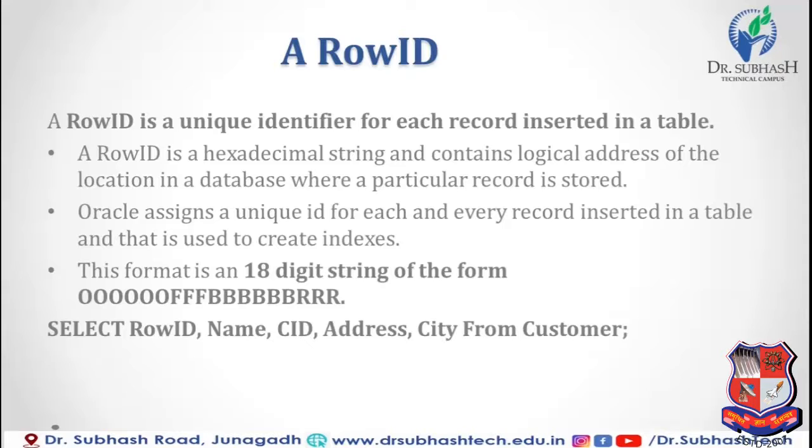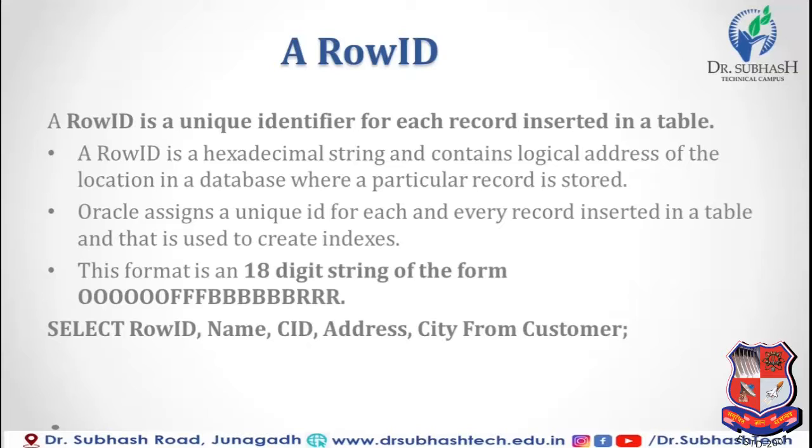Oracle assigns a unique ID for each and every record in the table and it is used by the create index. Okay. The format of a row ID is like an 18 digit string. For example, here you see these 18 digits of hexadecimal string.